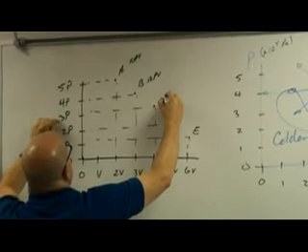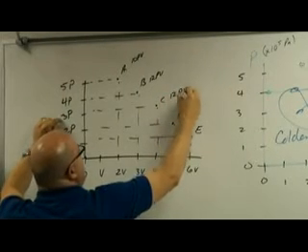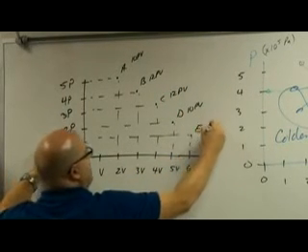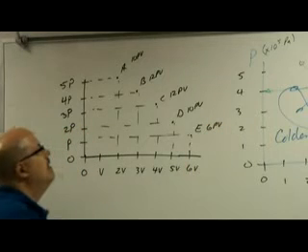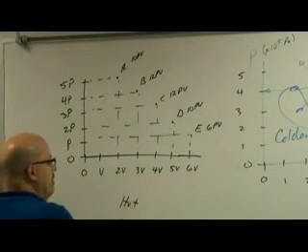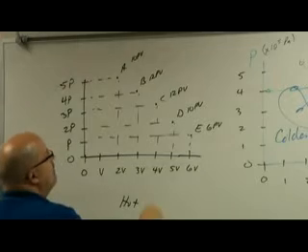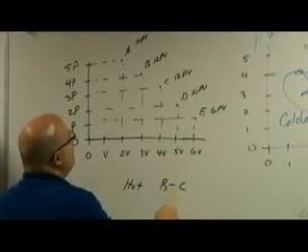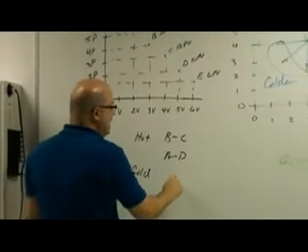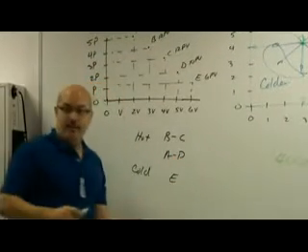This one has 12 PV. This one has 10 PV. And this one has 6 PV. So in order from hot to cold, you have B and C are the same, A and D are the same, and then E. Right?